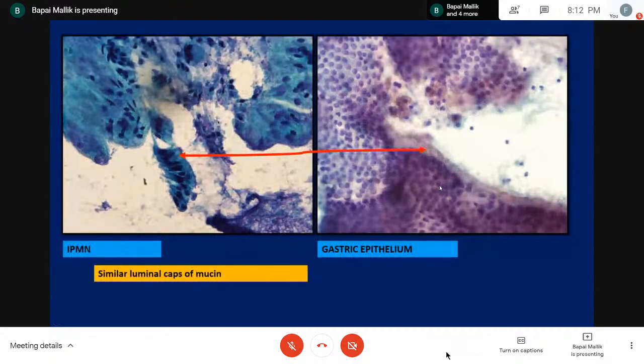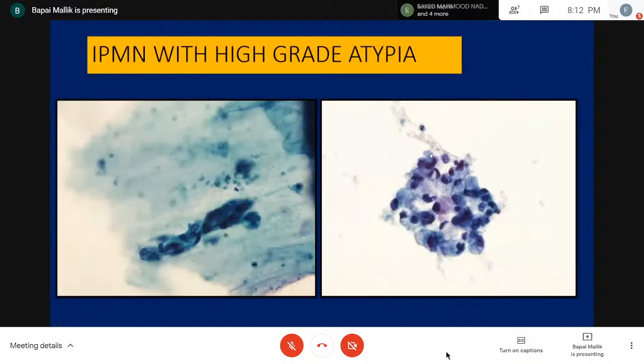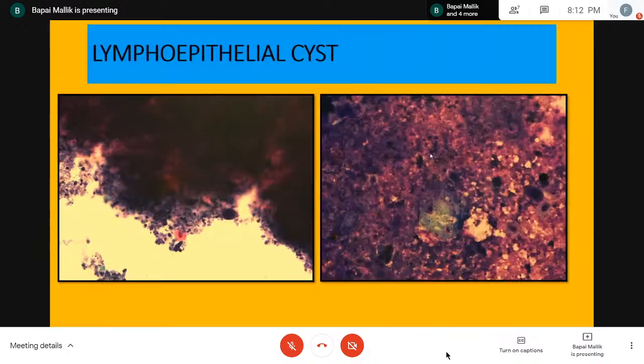And look at this: mucin cap here in IPMN and the mucin cap in the normal gastric epithelium, right? Sometimes you can even have a mixture of patterns. This is an IPMN. You usually follow the same criteria with high-grade atypia, with irregular hyperchromatic nuclei, and an architectural and polarity-related disarray.